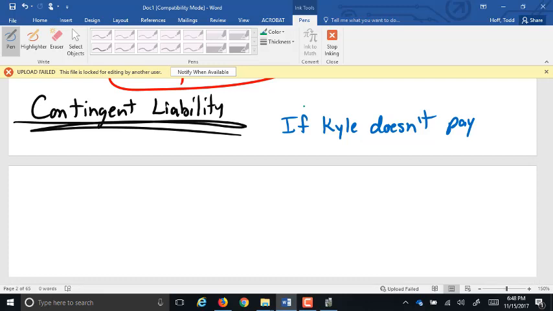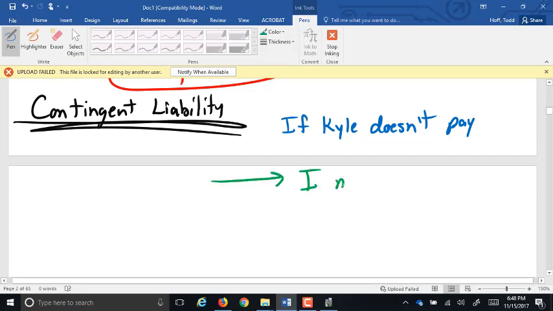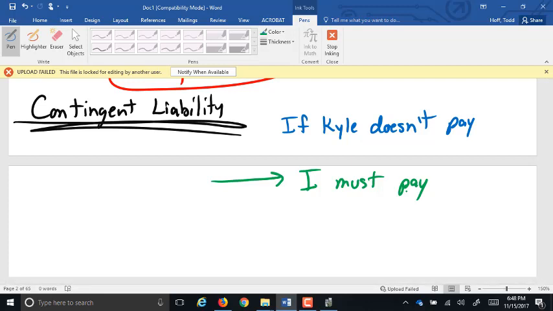Who has the agreement with the bank? Me. They will come back to me and force me to pay if Kyle doesn't. At which point, they will sign back the rights to collect that note from Kyle to me, and I have to go after Kyle. Break a couple legs, steal his chicken.